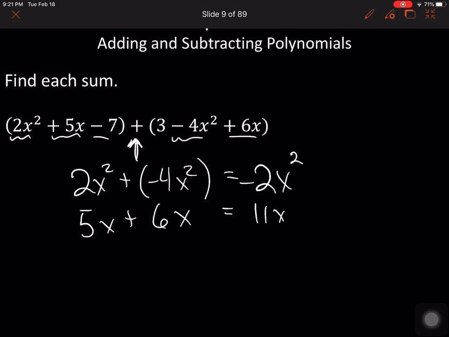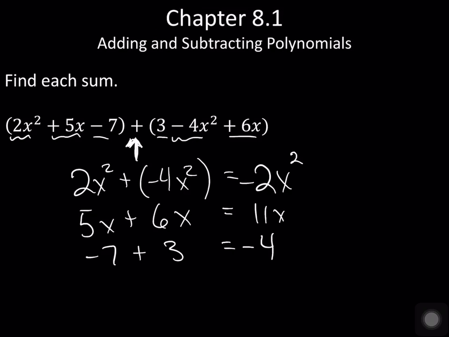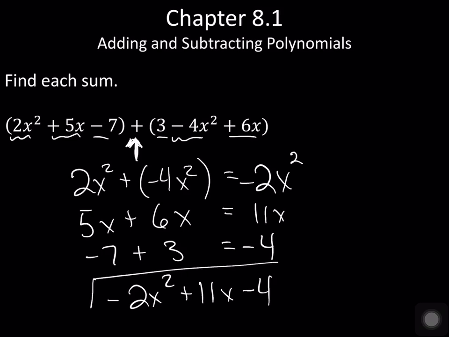And we've got minus 7 plus 3. Combine those numbers and we get negative 4. Now, standard form, greatest degree to least degree: negative 2x squared plus 11x minus 4. And there's our sum.